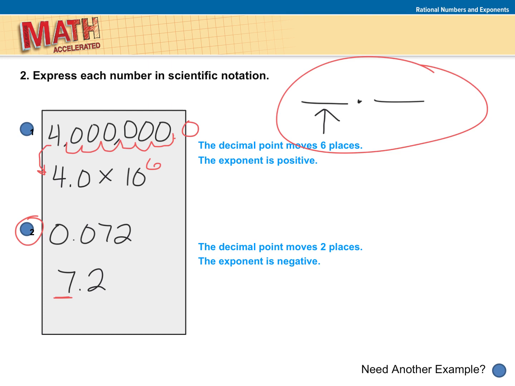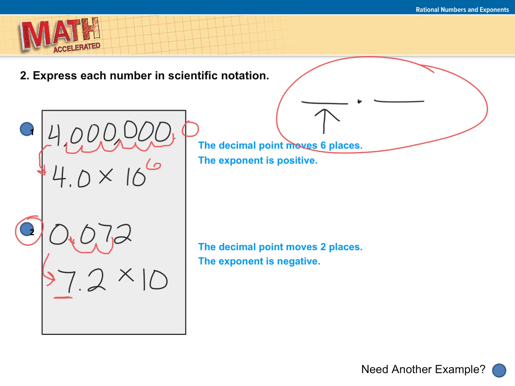Now, what is our next goal? Once we have that written, we've got to find what our exponent is. We want to make this number look like this. So what direction do I need to go with my decimal? We've got to move it to the right. 1, 2.